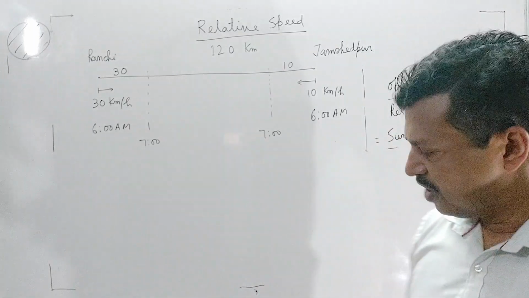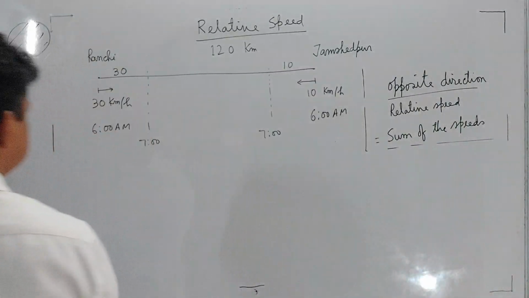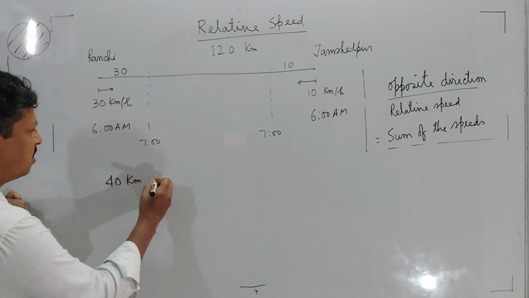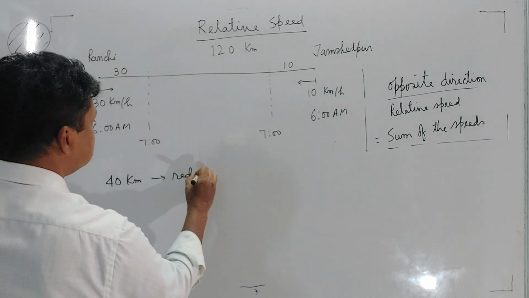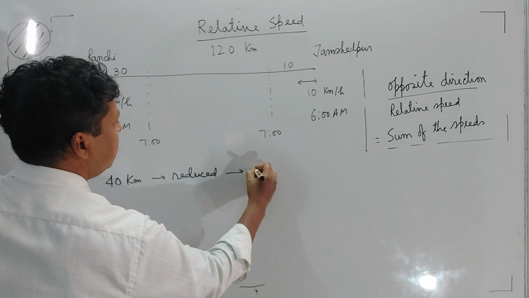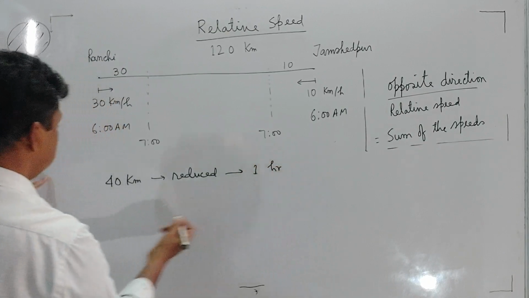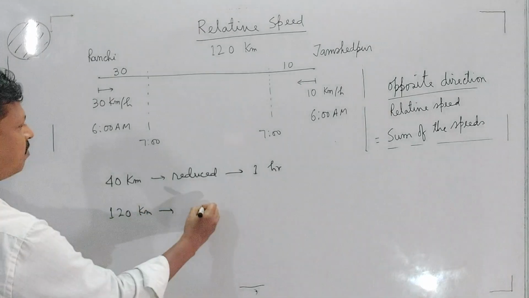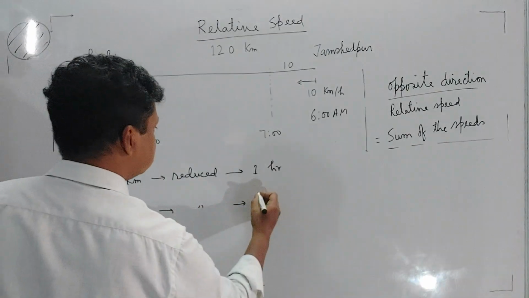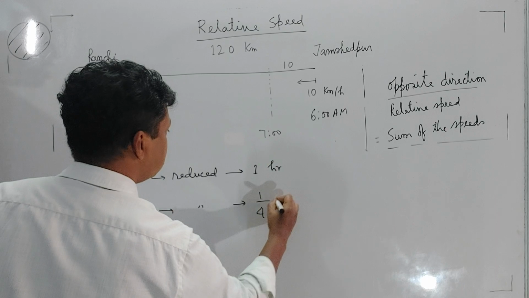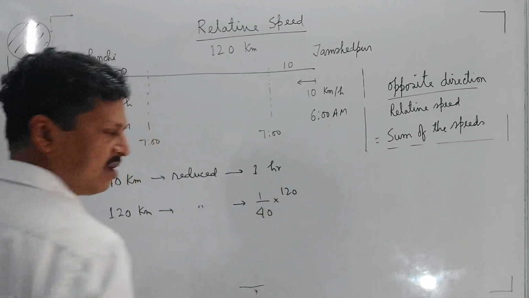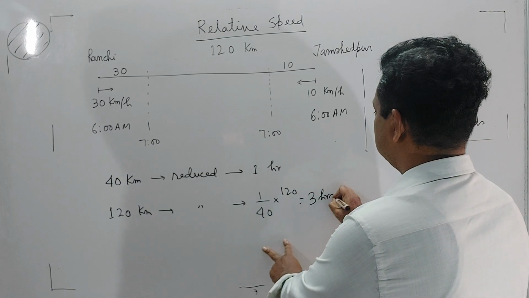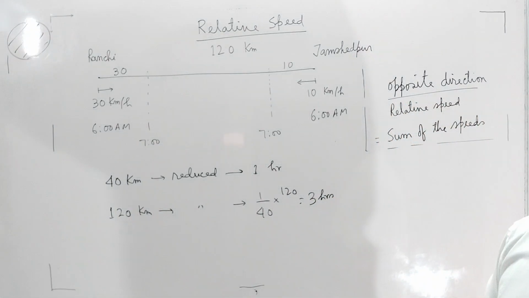So if I go for the unitary method, 40 kilometer is reduced in 1 hour. So 120 kilometer will be reduced in how many hours? This comes out to be 1 by 40 into 120, so this becomes 3 hours.